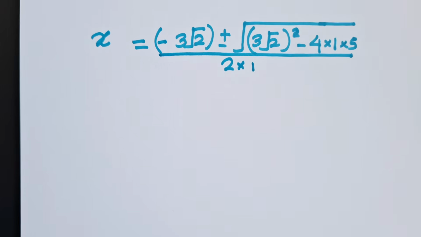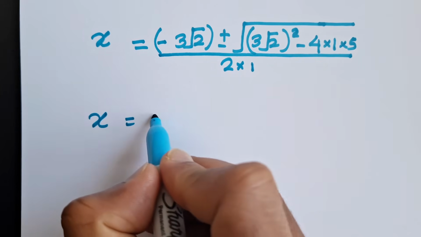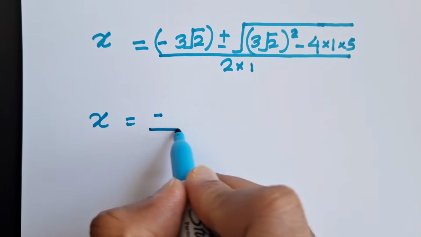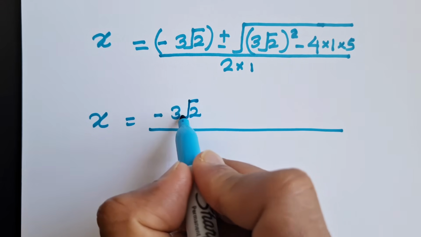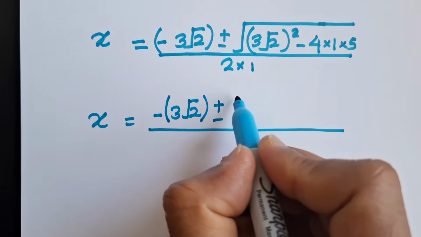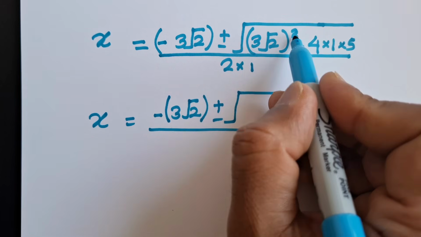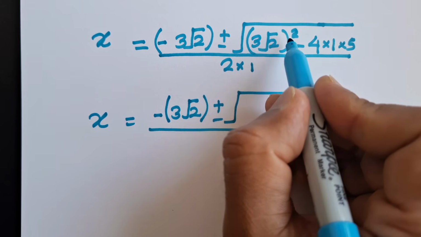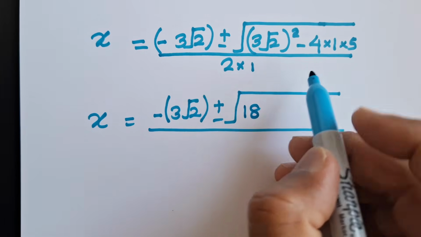Then we have x is equal to minus 3 times square root of 2 plus or minus square root of, 3 times square root of 2 whole squared, which is equal to 18.